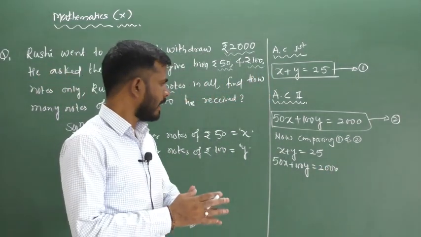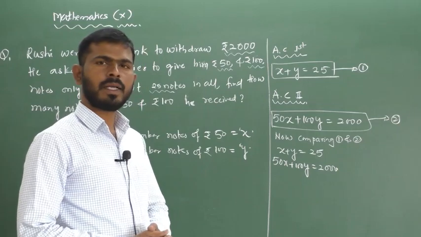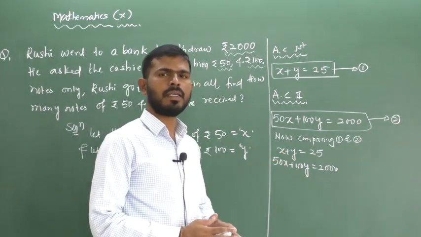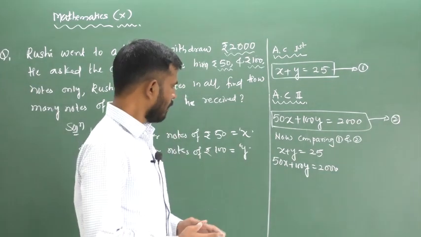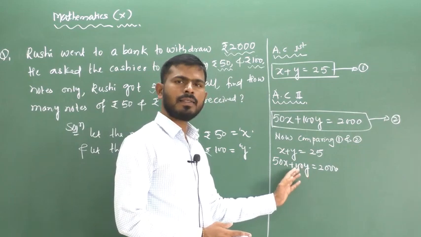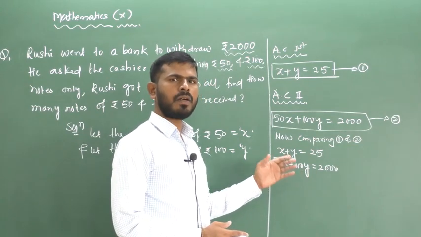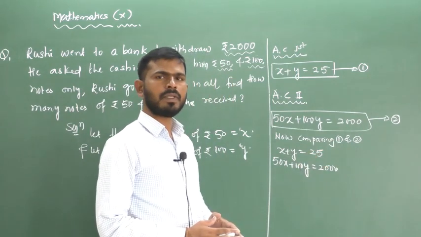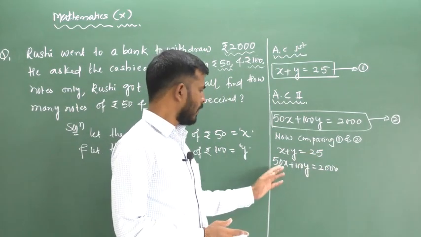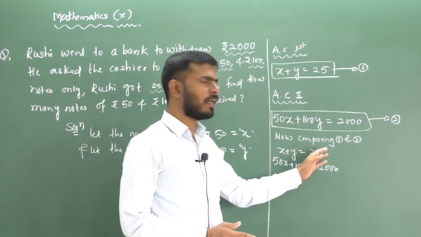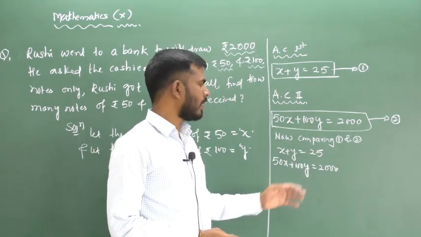Suppose you want to use the elimination method: you have to multiply equation number 1 by 50 or by 100, because the coefficient of x is 50 and the coefficient of y is 100. Multiplying by 50 eliminates the x term, and multiplying by 100 eliminates the y term.